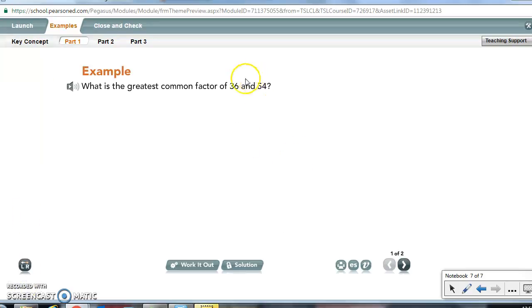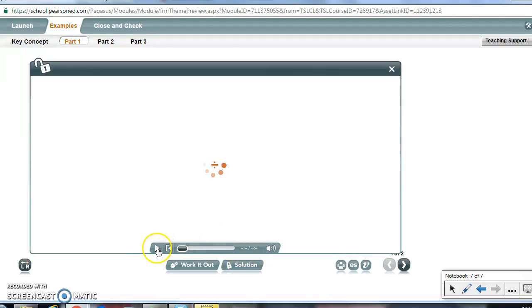They want to know what is the greatest common factor of 36 and 54. The first step in finding the greatest common factor is to write the factors of 36 and then write the factors of 54.